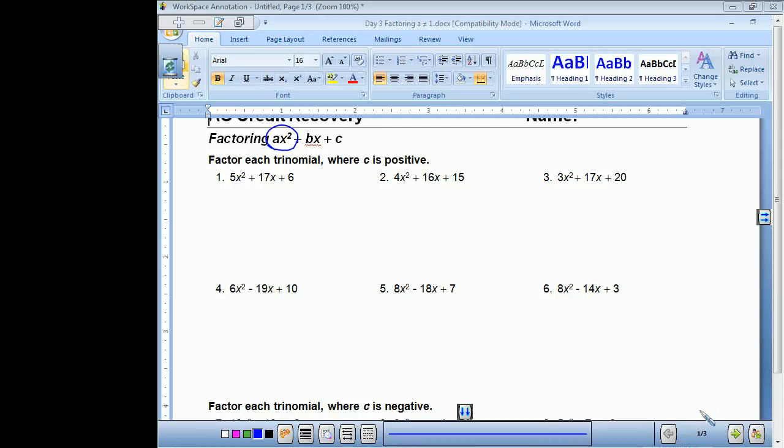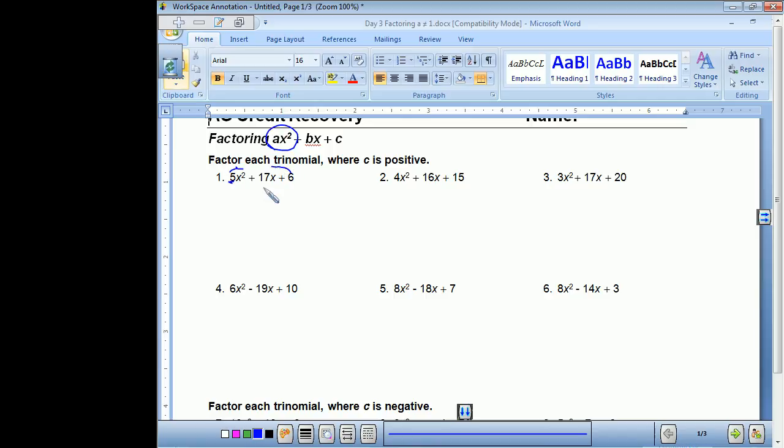So when we have a quadratic where the first term is not 1, this is what you do. You take this leading coefficient and multiply it times this number.